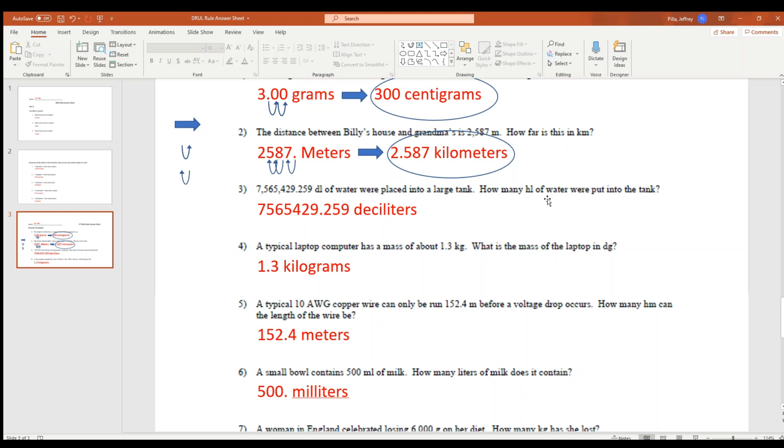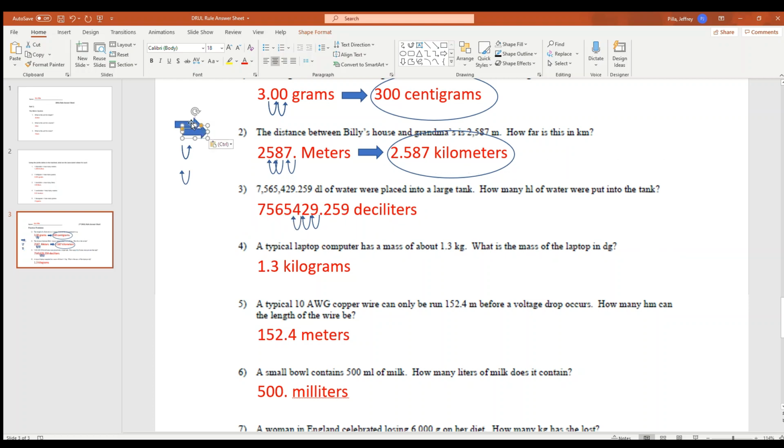Okay, because we're moving up, the DRUL rule tells us that we have to move our decimal to the left. Okay, and because we're moving up 3 times, we have to move our decimal to the left 3 times. So I'm going to need this arrow here. Okay, and we're going to move it 1, 2, 3 times.